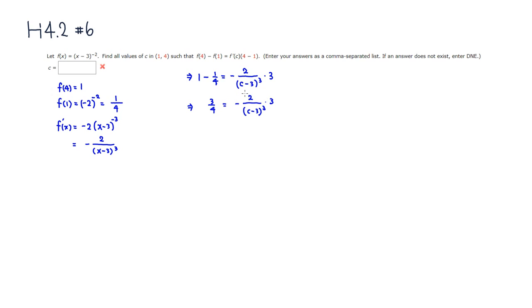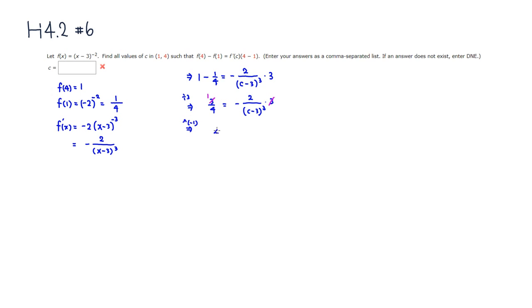You can see that we can divide through by 3, so the 3 cancels out. You're going to have 1 here. Then to solve for c, I'm going to take the reciprocal of both sides.